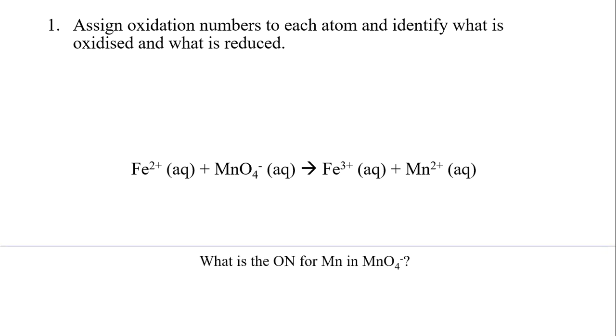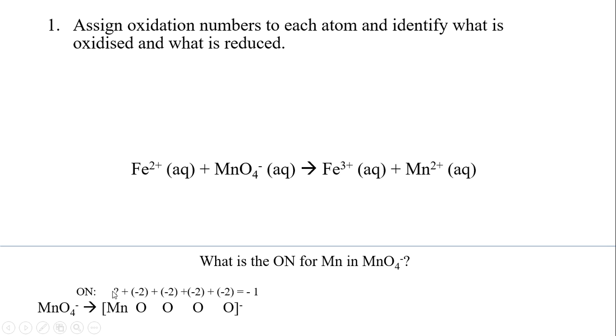So, first and foremost, what is the oxidation number for manganese in permanganate? Well, the permanganate ion is a polyatomic ion consisting of a manganese atom and 4 oxygen atoms. So we can split it up this way, as shown here at the bottom. 1 manganese and 4 oxygen, and the total charge is -1.